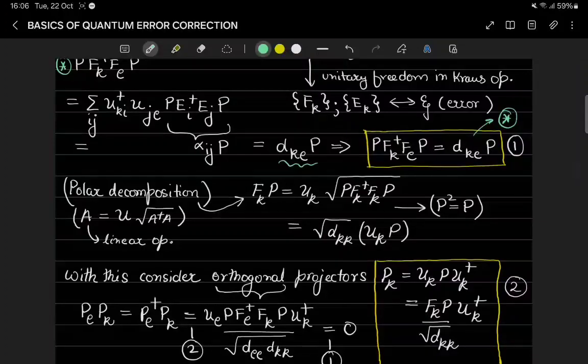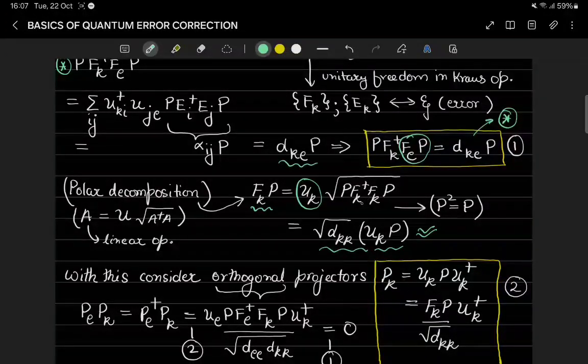Now we take this particular operator FkP, where I have just renamed the index as K, and we perform a polar decomposition of this operator. We will get some Uk that depends on the subscript K, and we can write it in this particular fashion: we have taken FkP and performed a polar decomposition to get the square root of dKK times UkP.